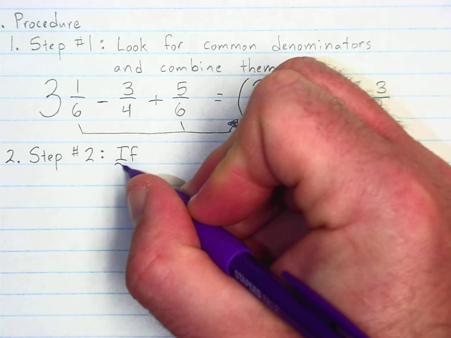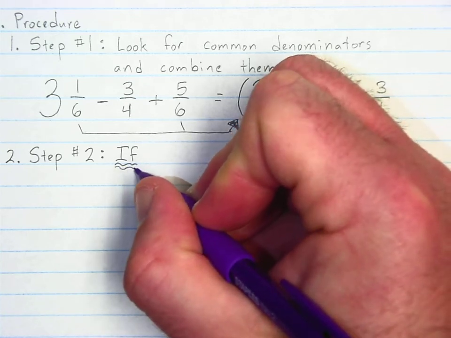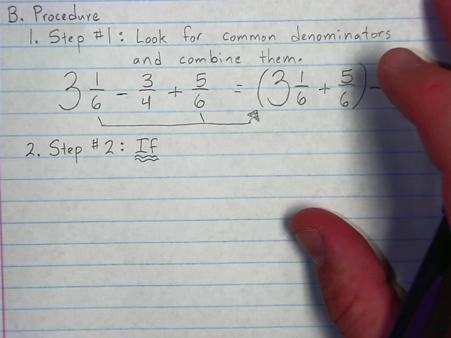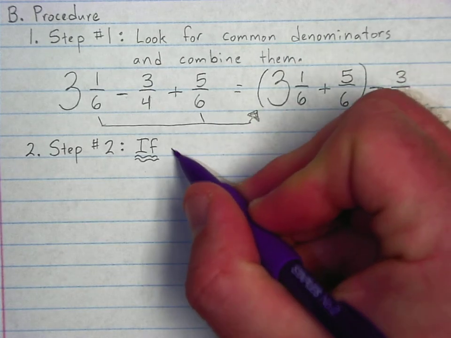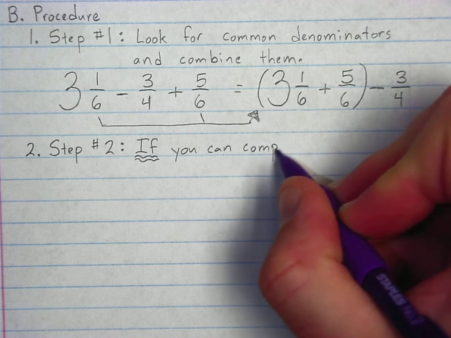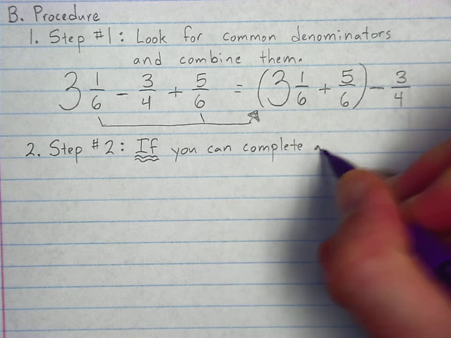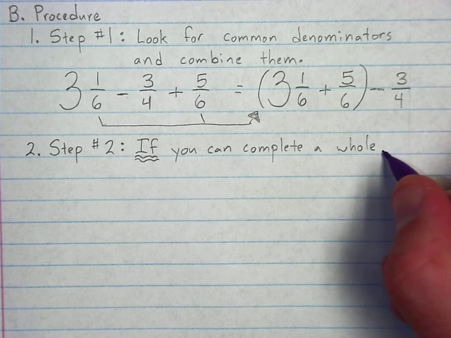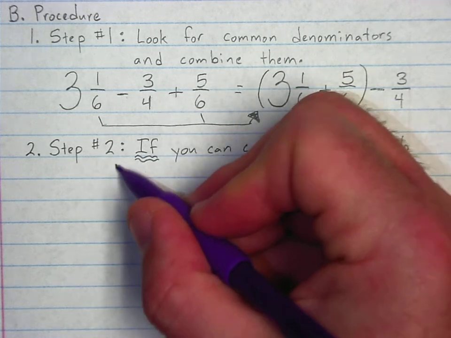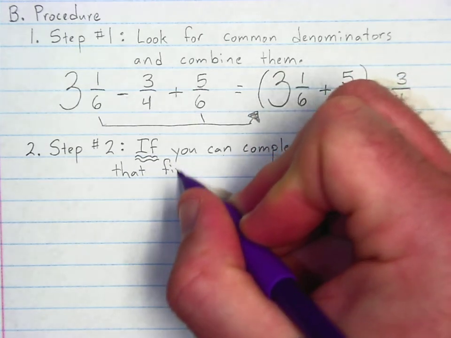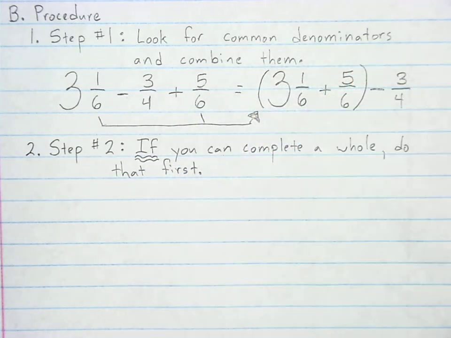If, and you will see that this is not always possible, it will be today, but not always, if you can complete a whole, if you can make a whole set, do that first. Sometimes you can, sometimes you can't. But if it's possible, do that first.